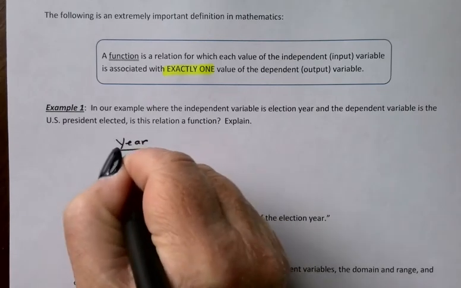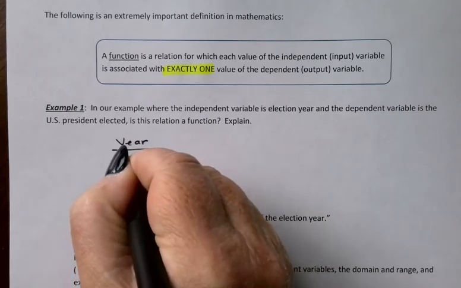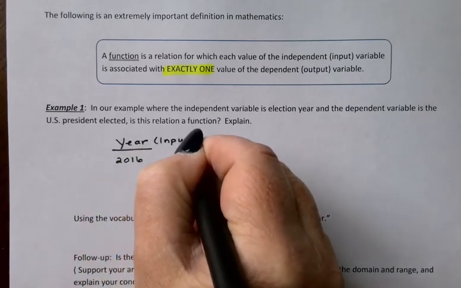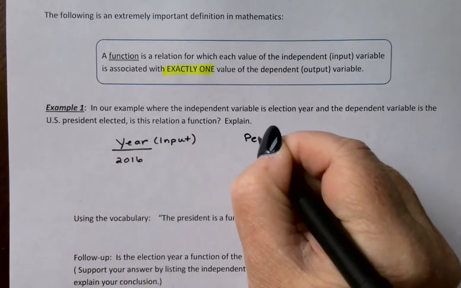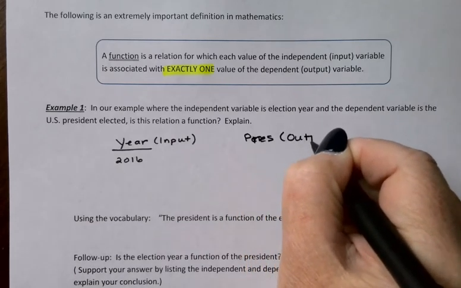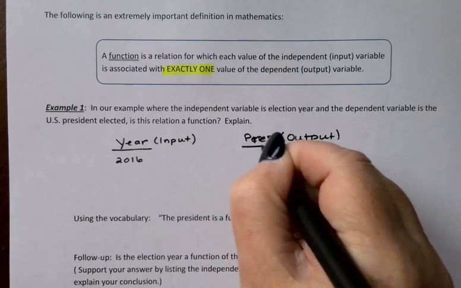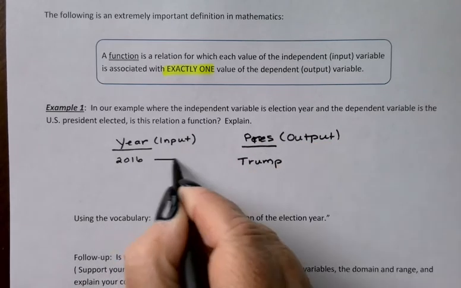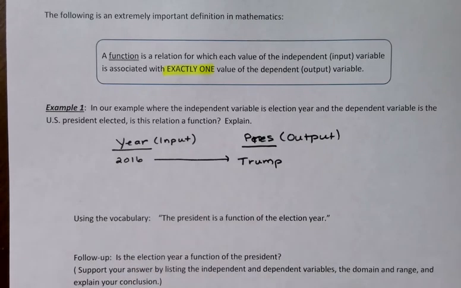If we say, for example, the year 2016, that's our input. Then the president, our output, would have been Trump. There was no other output for that year.